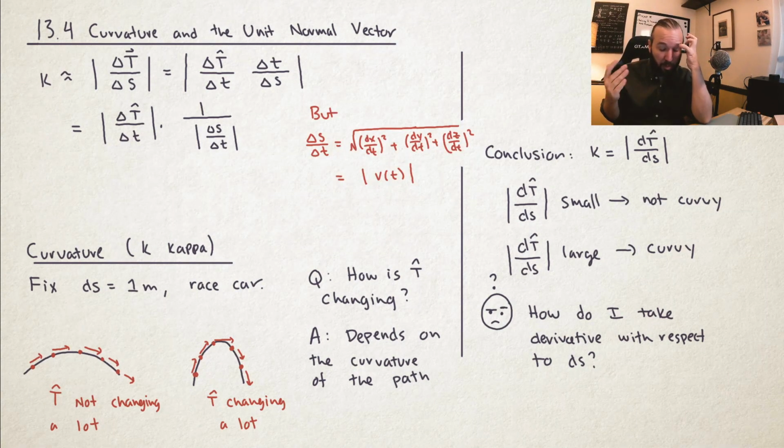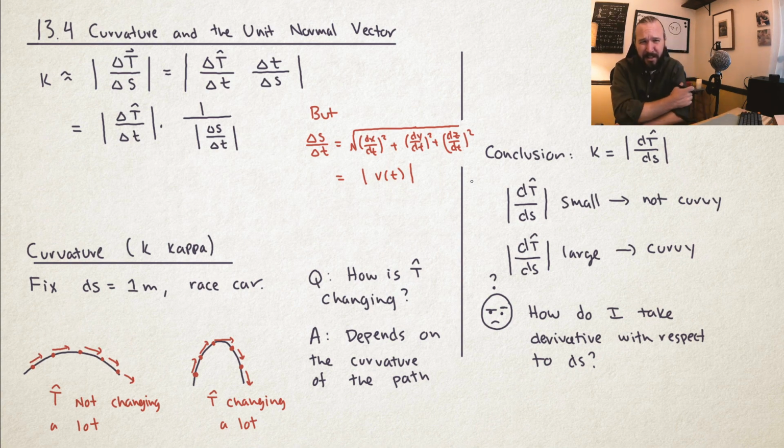Okay, so we're almost done here. Just one more little step. Now I'm just trying to deal with this thing, delta s over delta t. Remember, the definition of arc length is this kind of Pythagorean theorem formula that has the derivatives in all of the places. But that's also the definition of the magnitude of the velocity. And that makes sense.